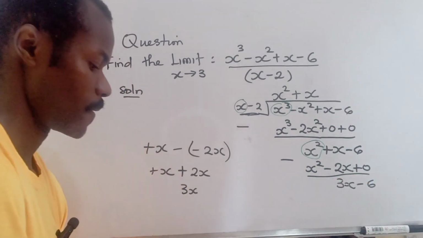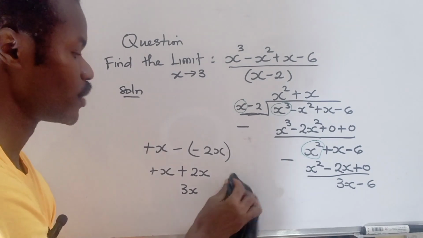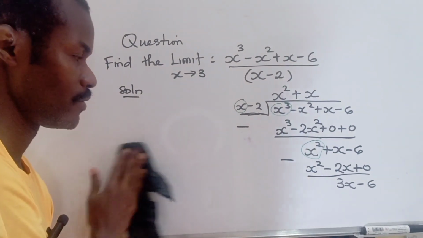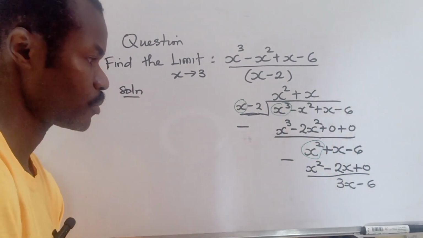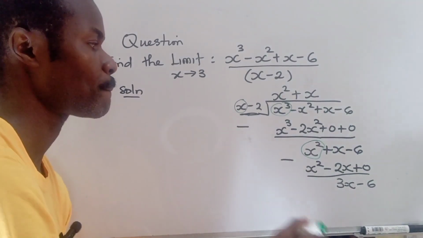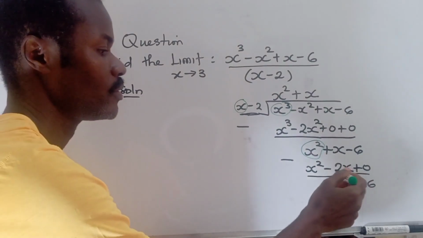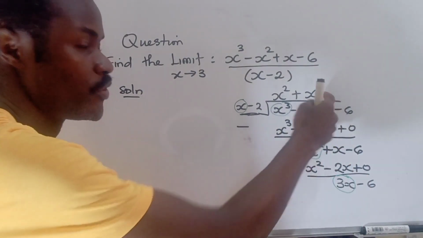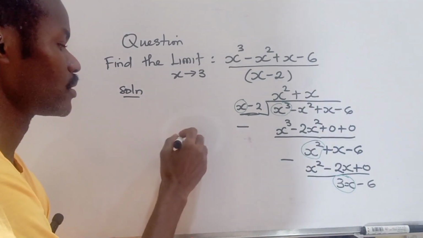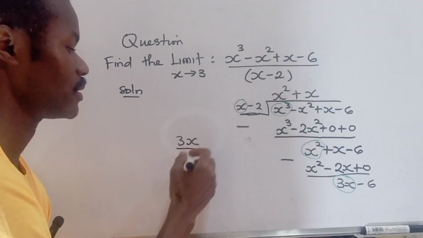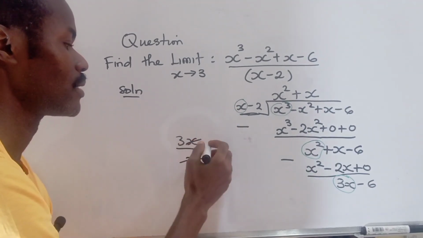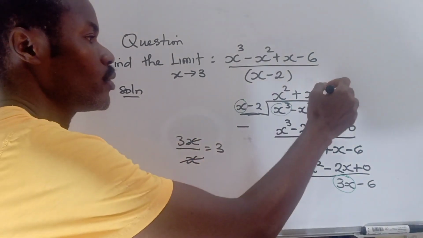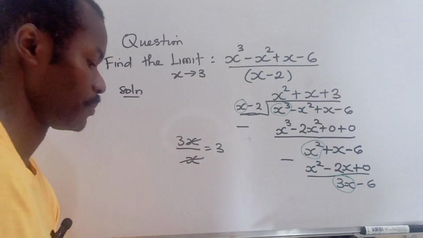Now with that, we can divide one more time. I'm going to use x to divide this to know what we are going to put here. So that's going to give us 3x divided by x. This will cancel out, so it's just 3. So we are going to put plus 3 here.